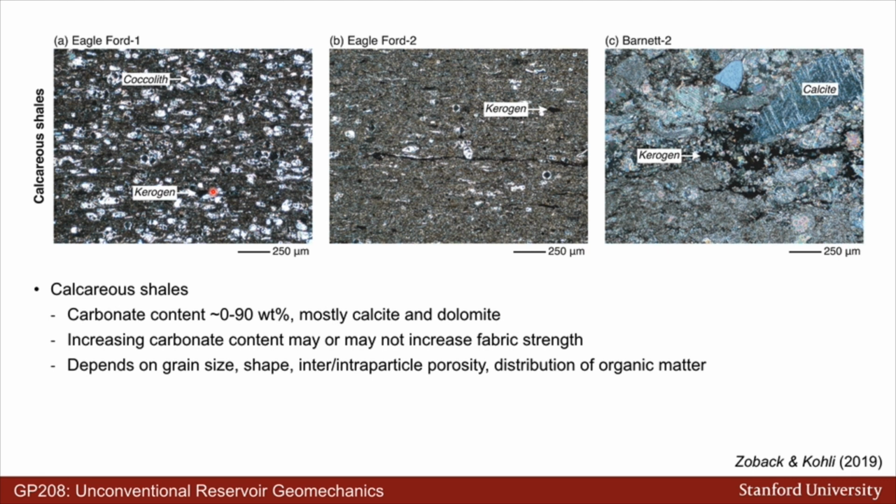In the middle, we can actually see a structure where we have much less of those coccoliths, but this sample is actually higher in carbonate because there's fine-grained carbonates inside the matrix.